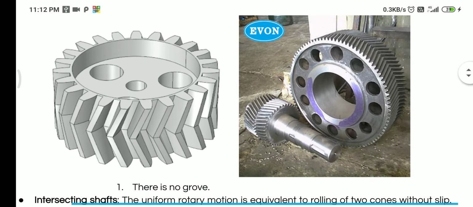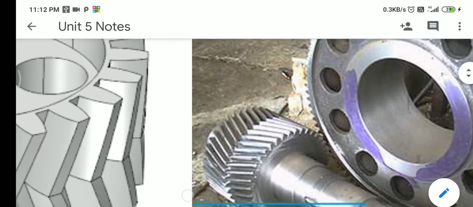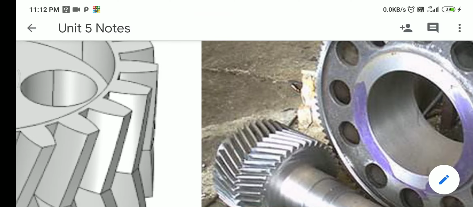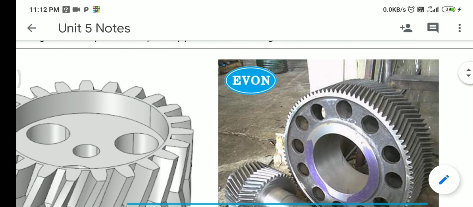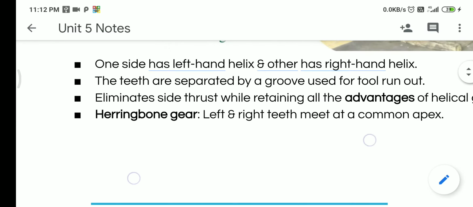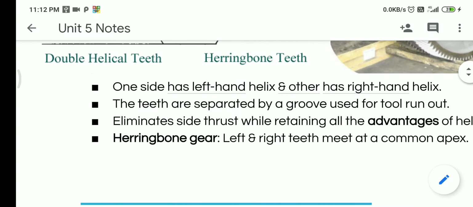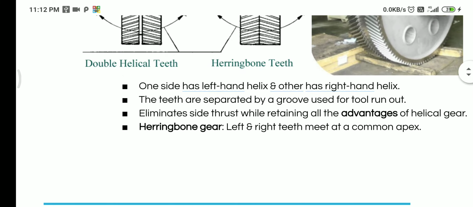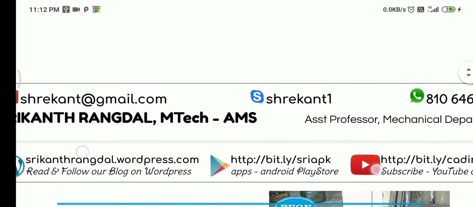I can show you an actual gear part as well. You can see here in the middle, the teeth are actually meeting each other, so there is no groove at the middle. That's the small difference between herringbone gear and double helical gear. Herringbone gear is actually a special case of the double helical gear.